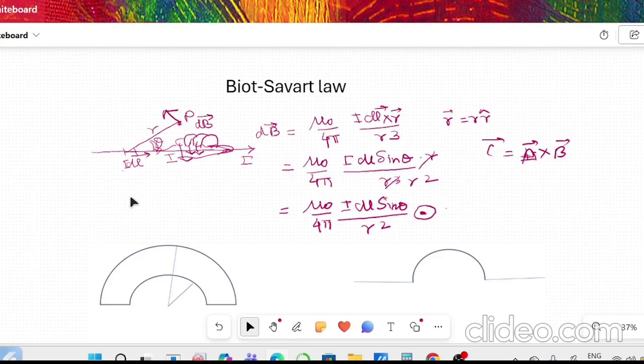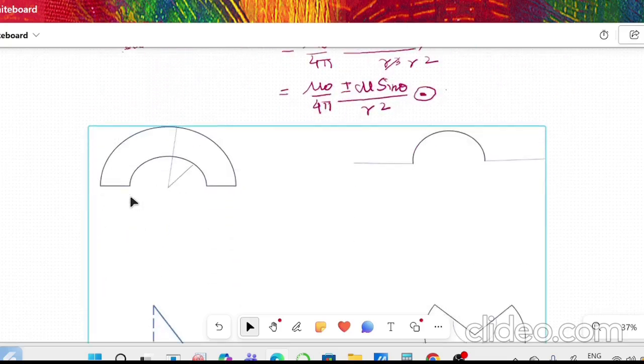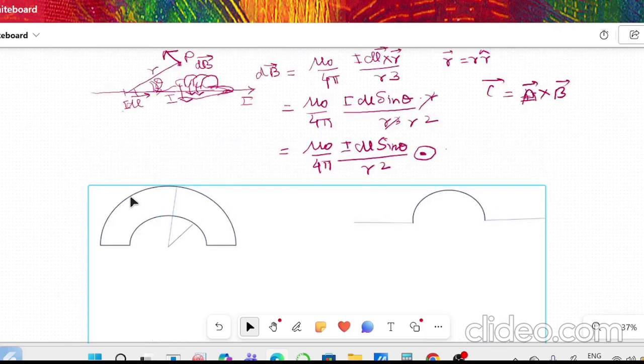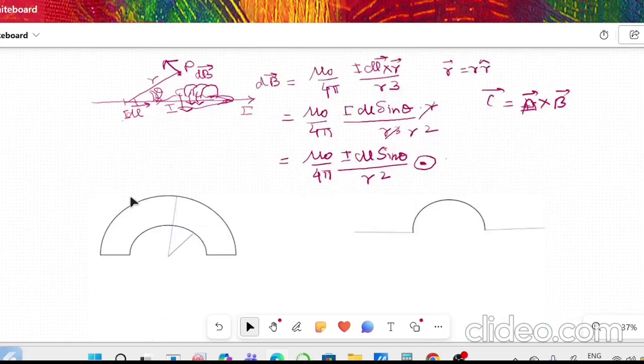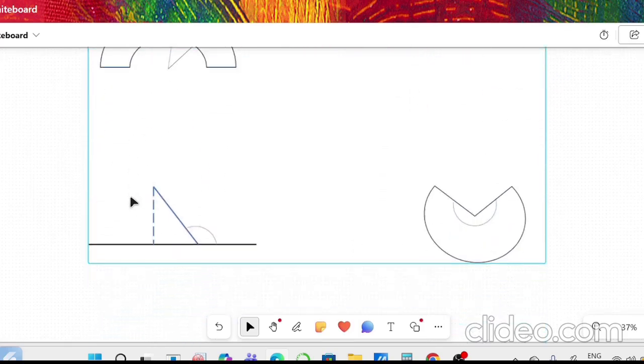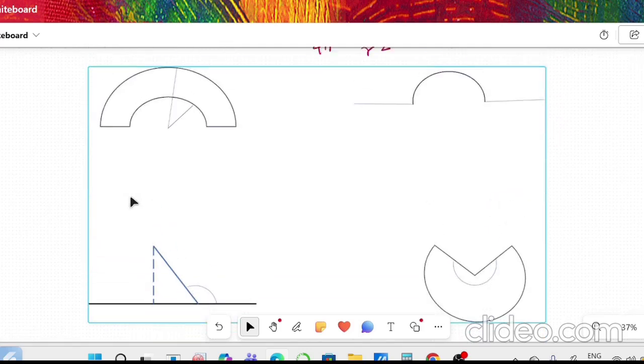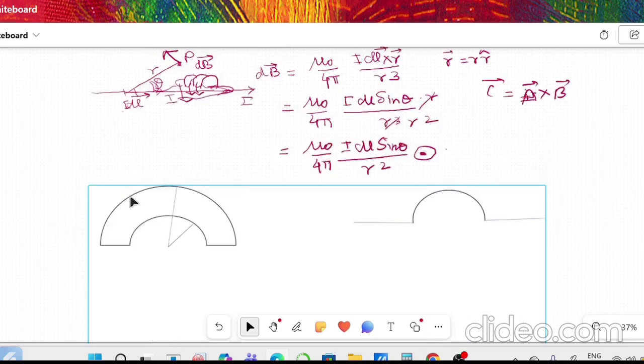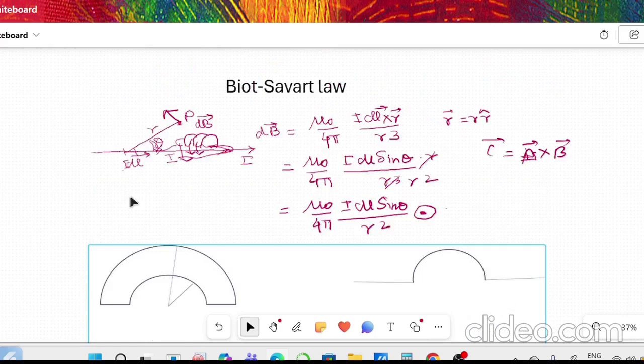Now, first of all, you can see here different types of current carrying conductors. But before going into that, I will discuss a circular one.